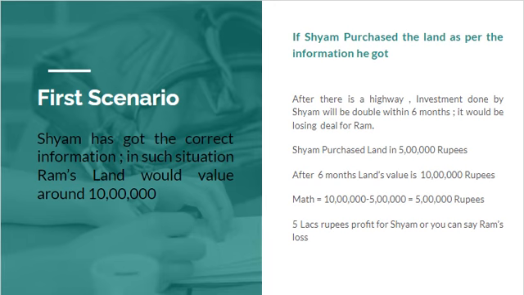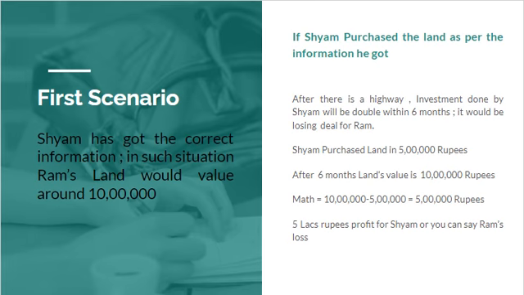So in such a situation, Shyam got the news. He goes to Ram. He purchased the land for 5 lakh rupees. After 6 months, this news gets confirmed. The value of the land becomes 10 lakh rupees. So the mathematics here: 10 lakhs minus 5 lakhs equals 5 lakhs.